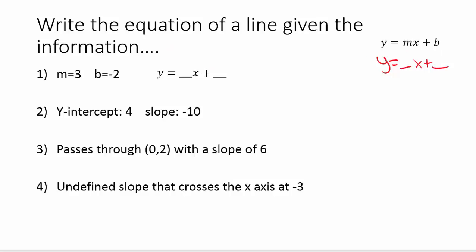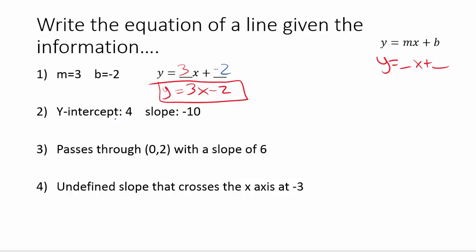So I'm going to plug in 3 for the m and negative 2 for the b, and rewrite that so I don't have a plus negative there. I'll rewrite this as y equals 3x minus 2, and that would be it for that one.